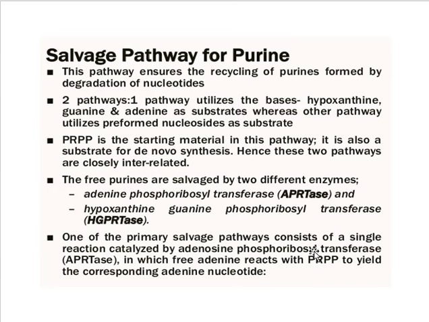This is the single step process which is catalyzed by the adenine phosphoribosyl transferase enzyme, in which the free adenine reacts with phosphoribosyl pyrophosphate to yield the corresponding adenine nucleotide.